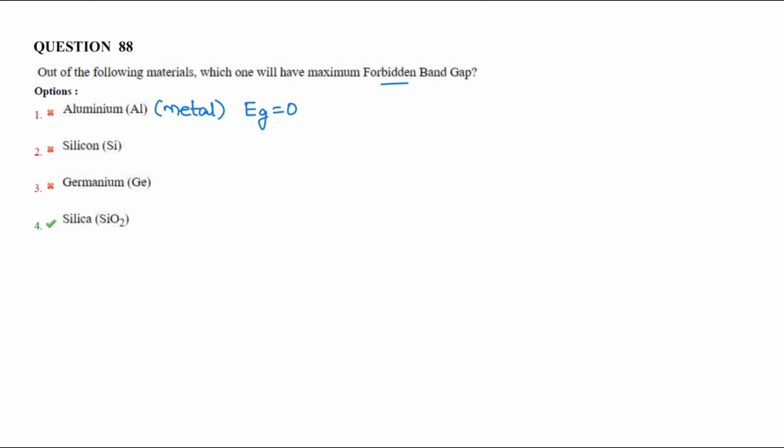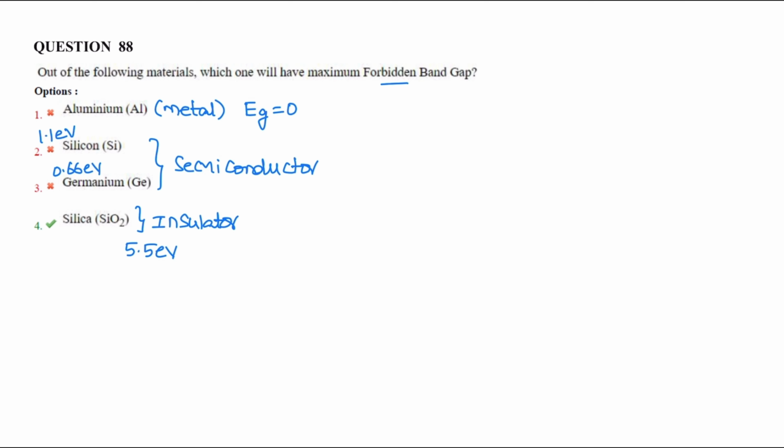For silicon, germanium, these two are semiconductors. For silicon, energy band gap is 1.1 electron volts. For germanium, it is 0.66 electron volts. For silica, which is an insulator, energy band gap is 5.5 electron volts.